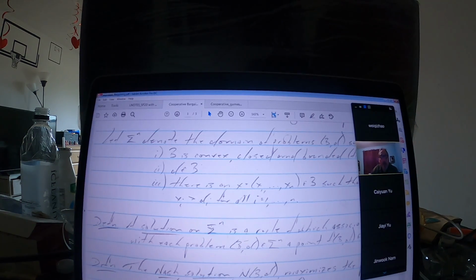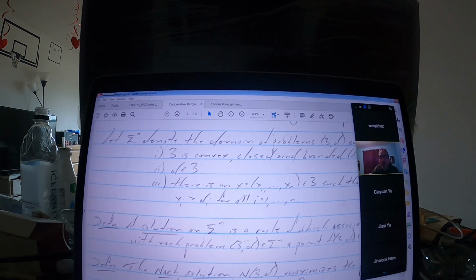Okay, a solution on a class of games is simply a rule which associates with each game in the class some feasible outcome, some feasible payoff vector. Okay? And we're focusing on single valued payoff vectors. So we're not looking at something like the core of a cooperative game where it specifies a whole set of possible outcomes.